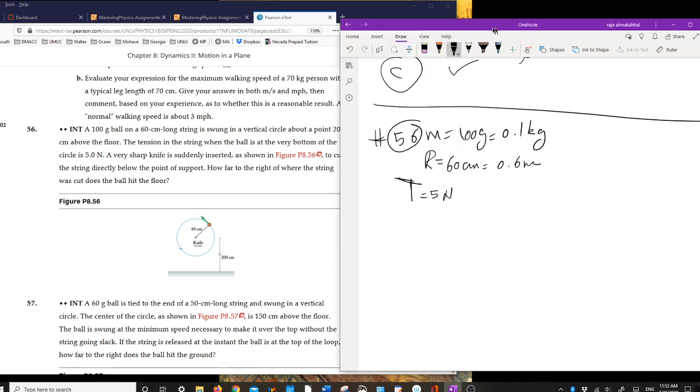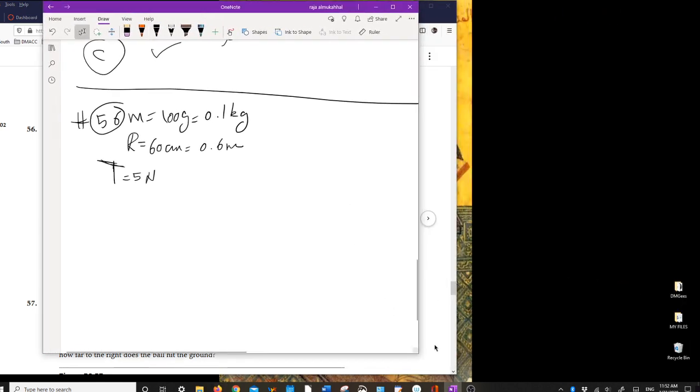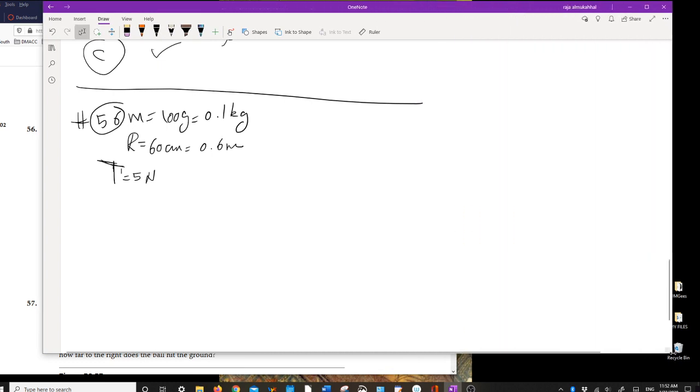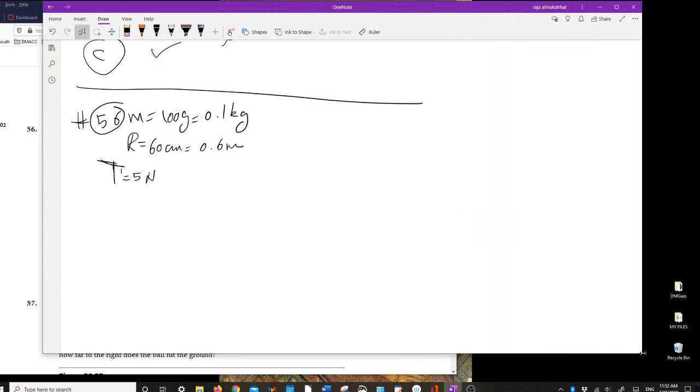Okay, so basically here's the story. Let me draw a picture of that. So what you have in here is something like this. Here's the circle, and here is the ball.